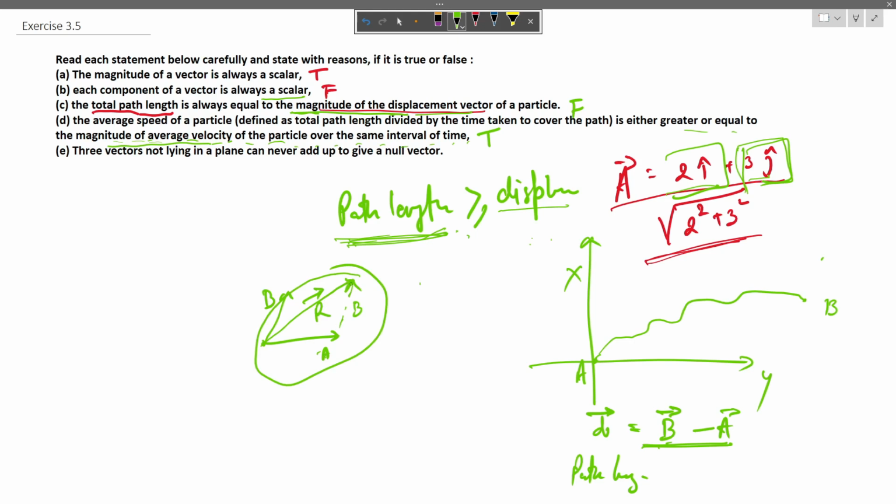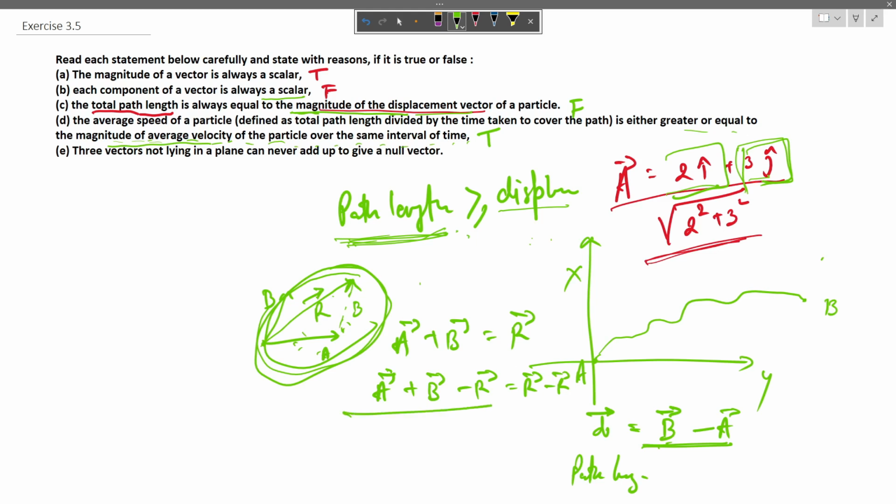So if we have to make the whole summation of three vectors equal to 0, we need to have minus R, and that will only be possible if all three vectors are lying in the same plane. In the present case we have vector A plus vector B equal to vector R. To make this set of three vectors equal to 0, we add vector A plus vector B minus vector R equals vector R minus vector R, which cancels out to 0.